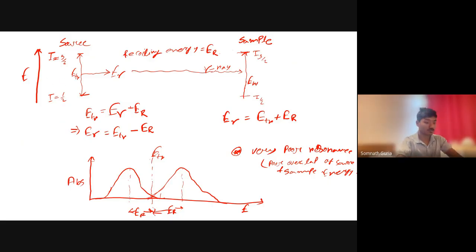Okay, so what Mossbauer did, he actually made the source in a matrix form. This is actually hooked in a solid.